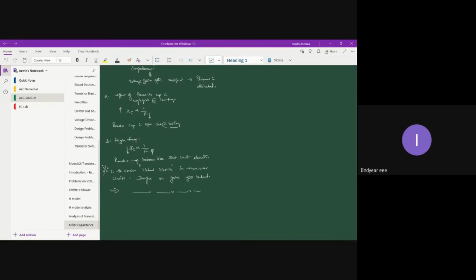So due to the effect of virtual shorts across the transistor terminals, pictorially you can represent the high frequency phenomenon something like this. Let's say this is your transistor driven in common base configuration. In the high frequency region, something of this kind will happen.